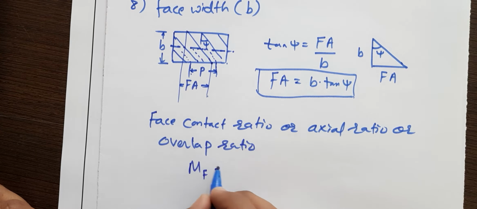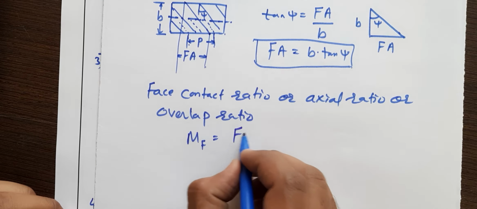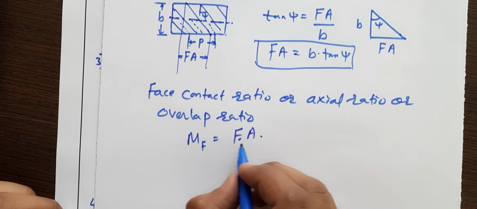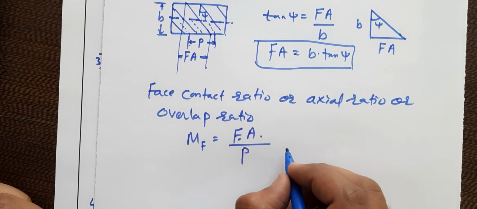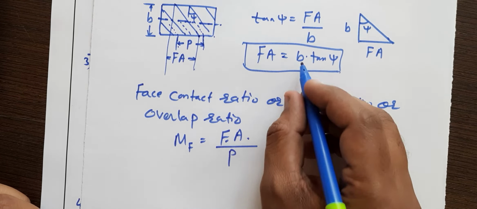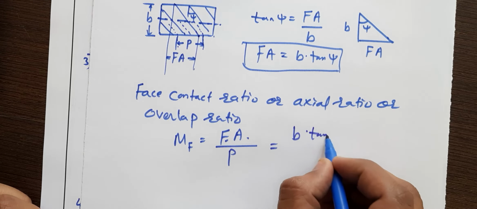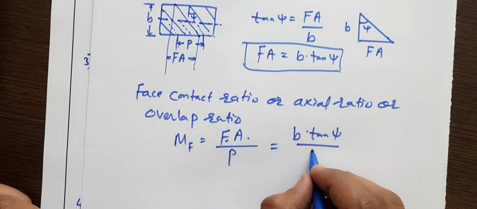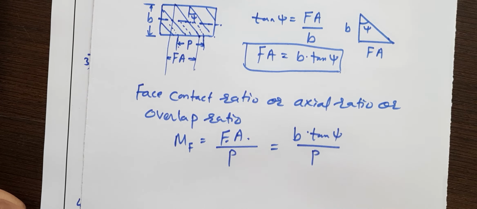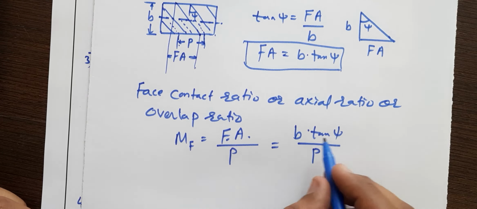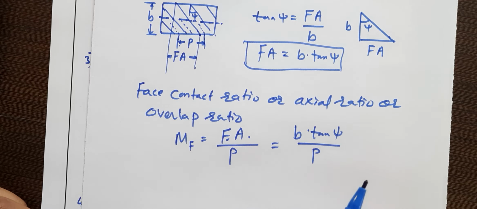If we write here MF, it is the ratio of face advance to transverse circular pitch, face advance by P, and face advance is nothing but B into tan psi divided by transverse circular pitch. Transverse circular pitch is P, so here MF will be B tan psi divided by P.